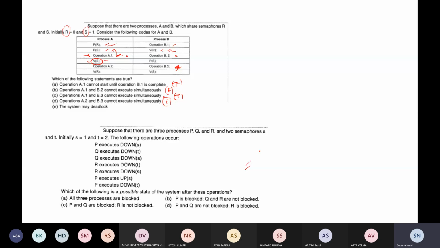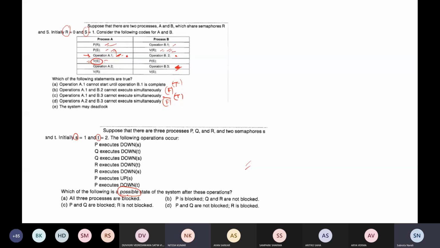Initially S equals 1 and T equals 2. There are two semaphores involved. The following operations occur. Which of the following is a possible state? See, it has been put in italics. What is the possible state of the system after these operations? The system will not deadlock.